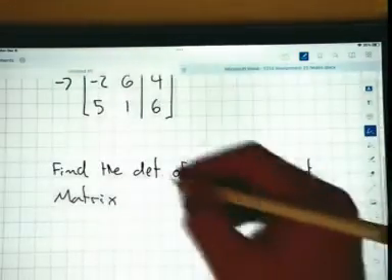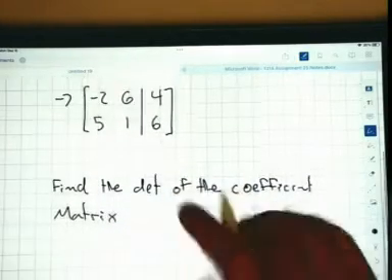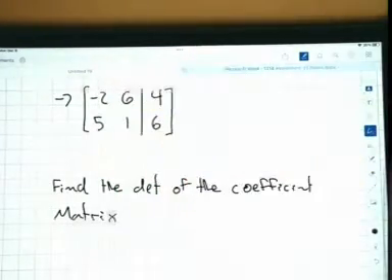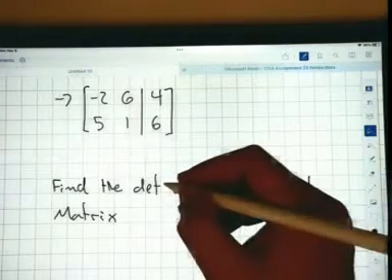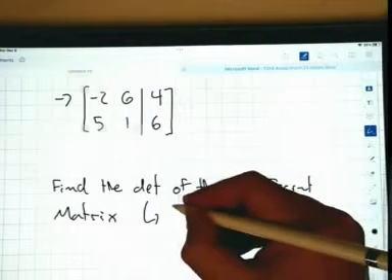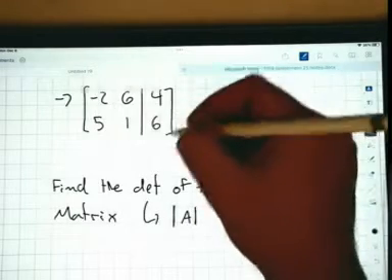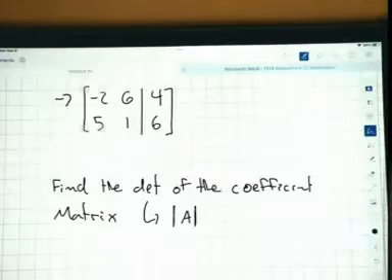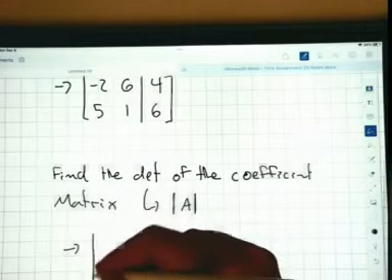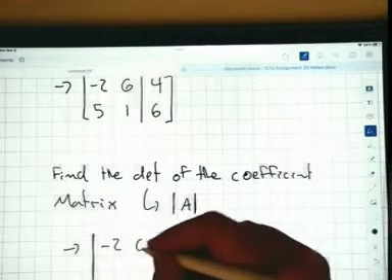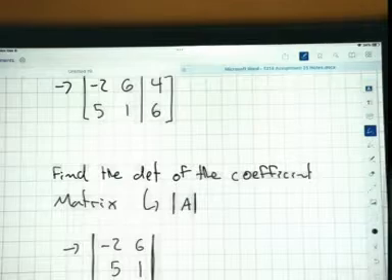So the coefficients are the negative 2, 6, 5, 1, and we have some very specific symbols that we use for finding the determinant. Instead of using brackets, we use vertical bars, kind of like absolute value bars, around our coefficient matrix. This is your symbol notation to find the determinant.